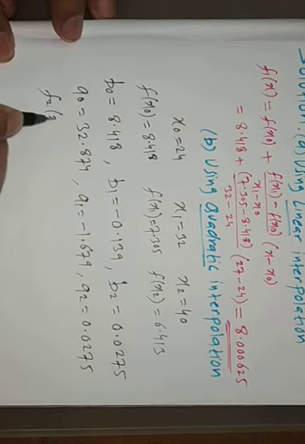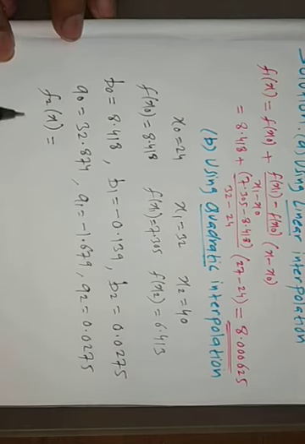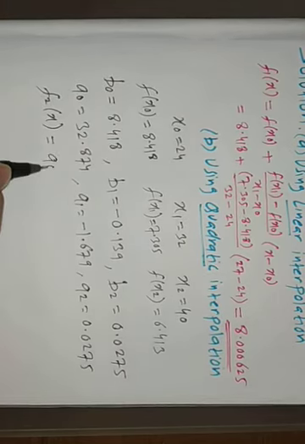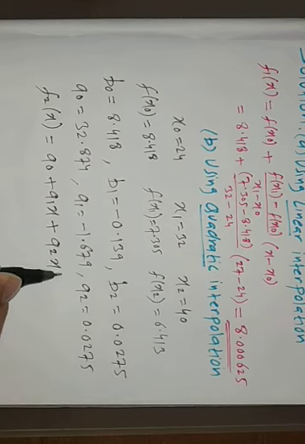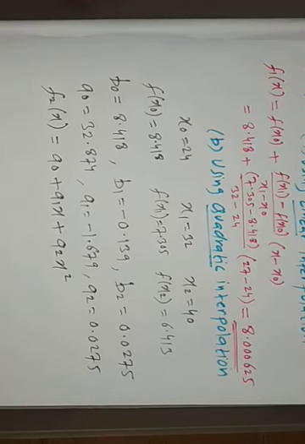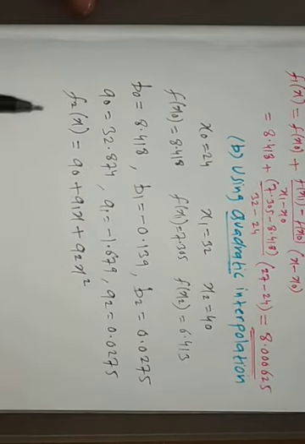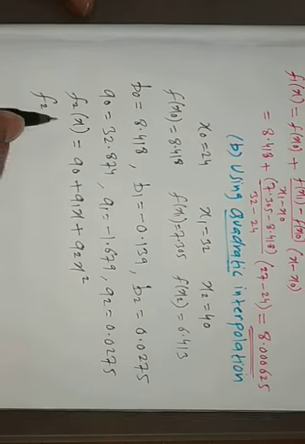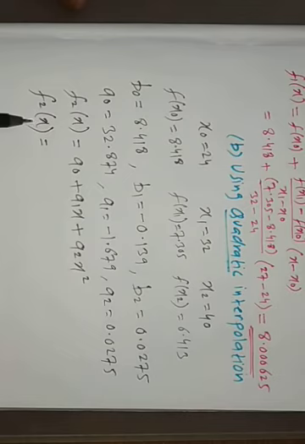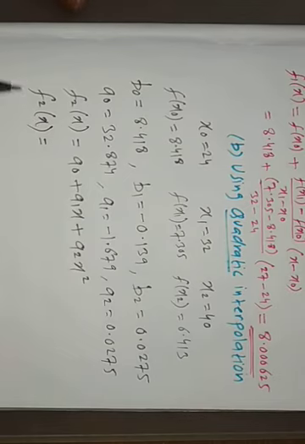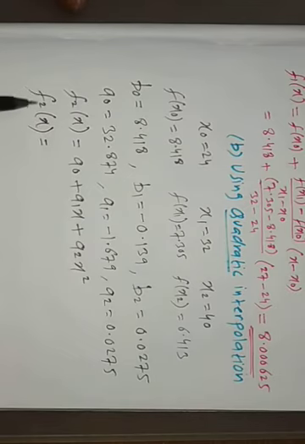F2 of x will be equal to A0 plus A1x plus A2x square. Actually this x is t, so you can take F2 of t also.